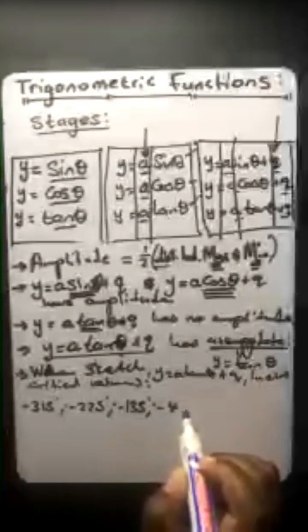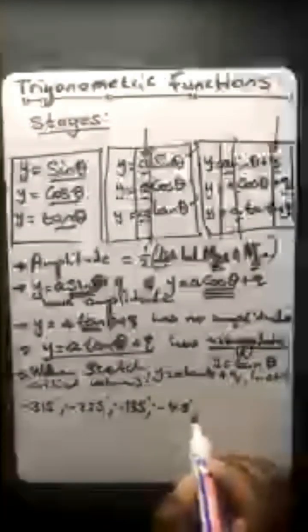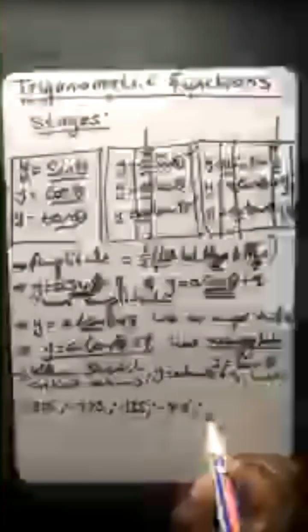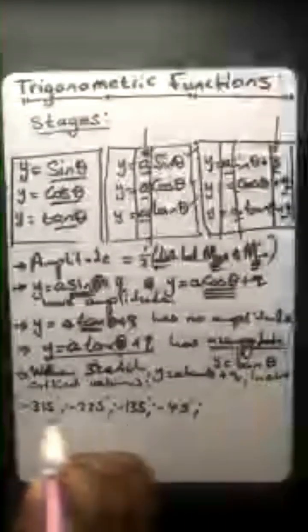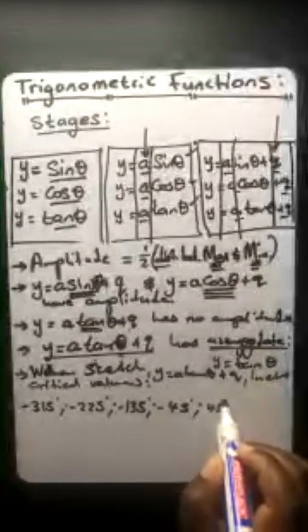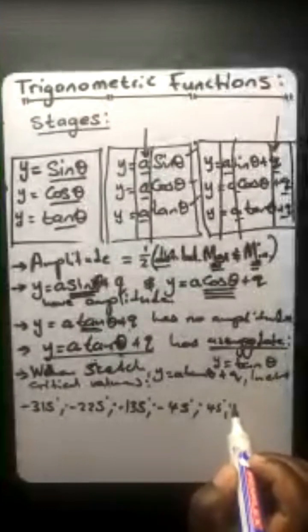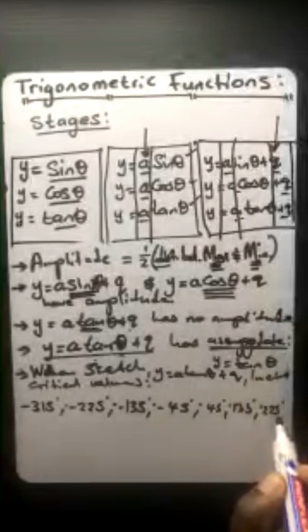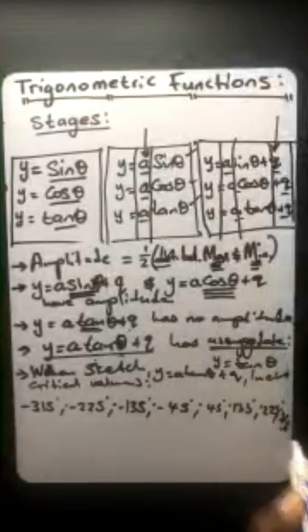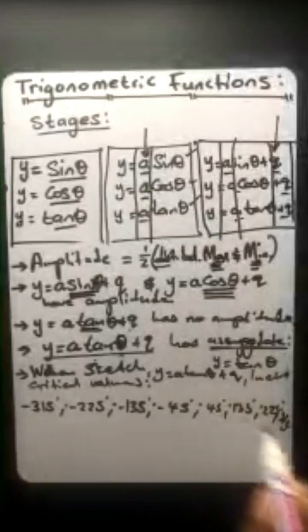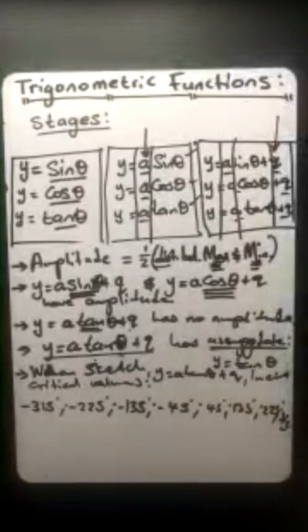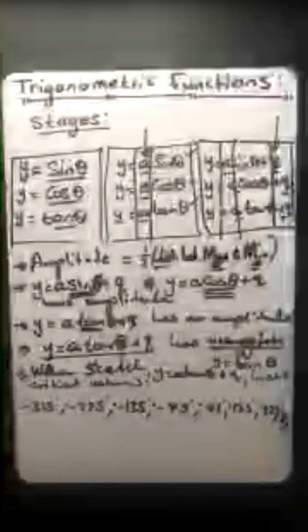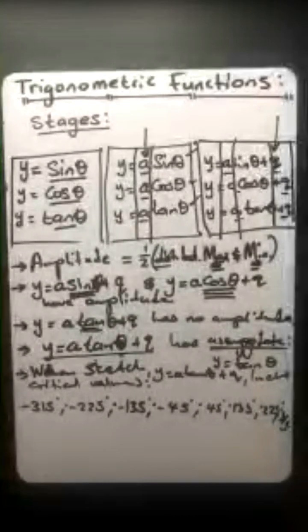We also talk about negative 45 degrees. Then from here, let's go to the same positive values: positive 45 degrees, 135 degrees, 225 degrees, and lastly 315 degrees. A very good question may be asked: what are these critical values?